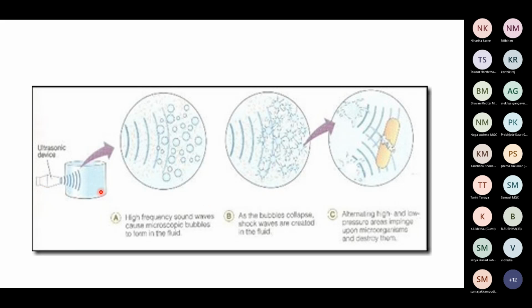So this is just to show the ultrasonic waves. Like we have produced these waves through this detergent solution. As a result, so many millions of microscopic bubbles have been formed. They grow in size. Once they reach the maximum size, they will collapse and the shock waves will be produced.